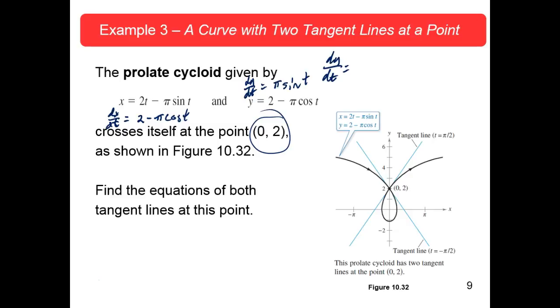Sorry. I said we already know what dy/dt is. We want dy/dx. That's the slope we're interested in. The derivative we're interested in, dy/dx. Okay? How do we get that? We did this last time. Do you remember how it went?